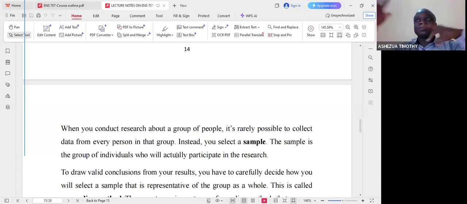You just get a sample, a population from zone B, zone C, and conduct your research. It's not possible to collect data from every person in that group. Instead, you collect a sample. The sample is the group of individuals who will actually participate in the research.